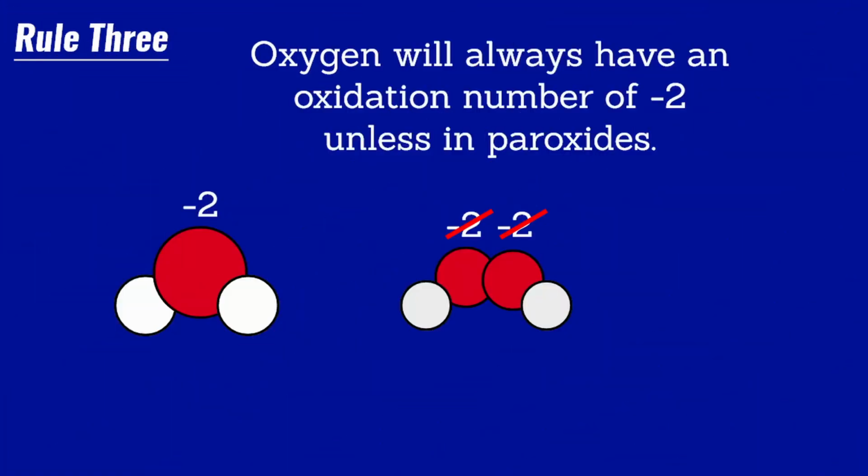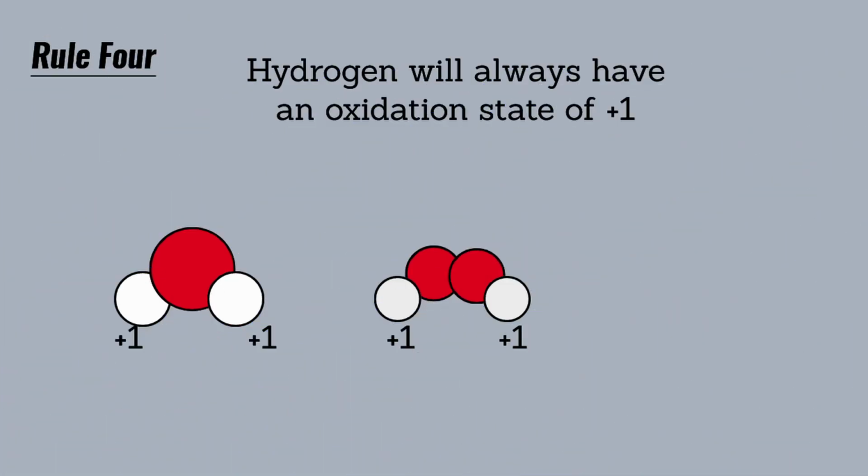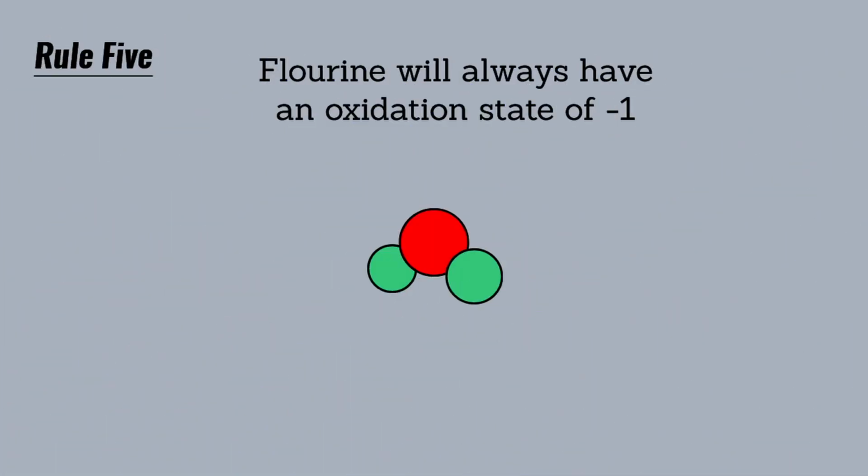Number 3, oxygen will almost always be -2 unless it's in peroxides. And number 4, hydrogen will almost always be +1, and fluorine will always be -1.